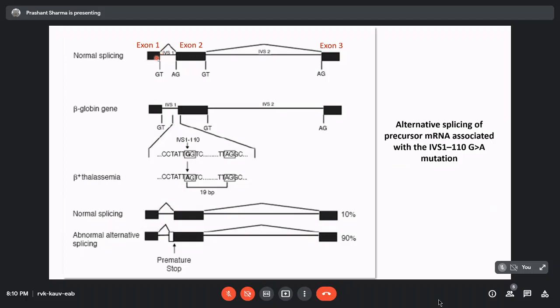We can see this is the IVS1, and the normal splicing will happen at these junctions. On the other hand, if there is the creation of a new splice site, then instead of this, the spliceosome is going to recognize this as the new site from which to start the second exon. So what will happen is that we will have an extra 19 nucleotides included in the mRNA.